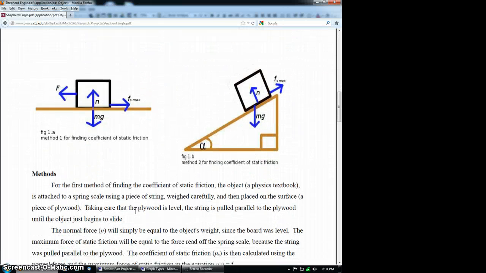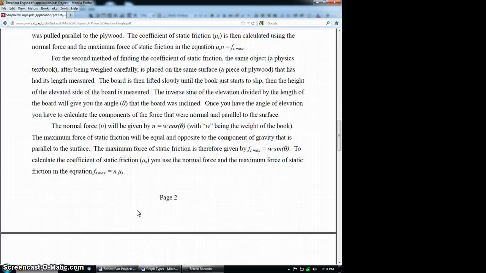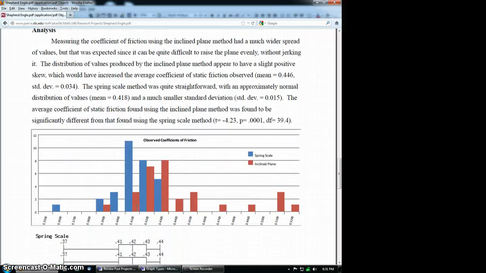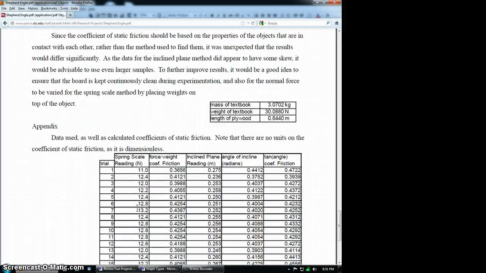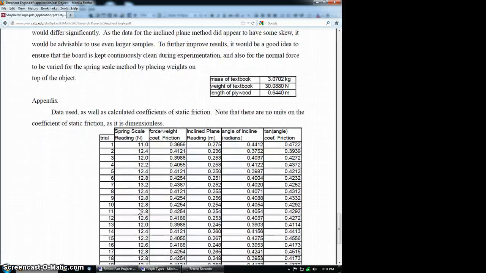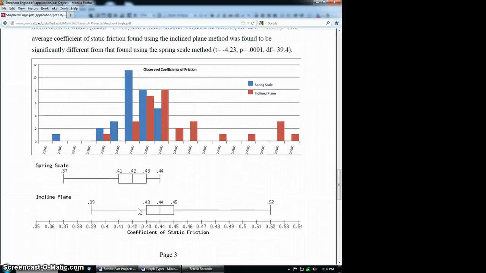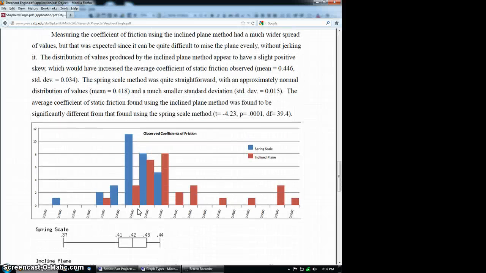Sheppard studied physics, and so this is more scientific than most projects end up being. Methods, how it was done, and then the analysis, and finally conclusion, and then he added an appendix as well. So after you read through it, most of what you need to answer the questions is found in the analysis section.